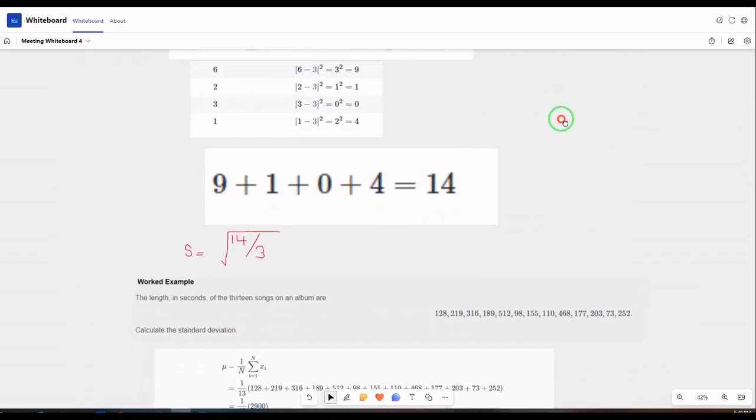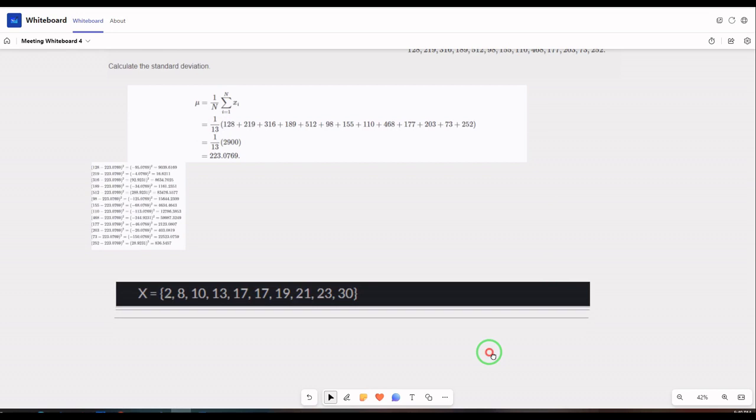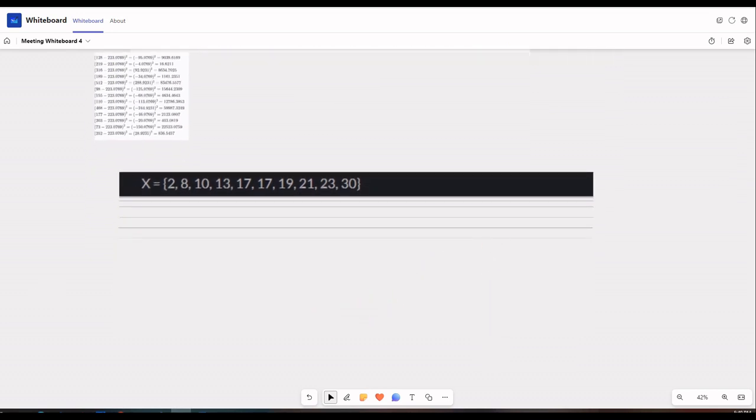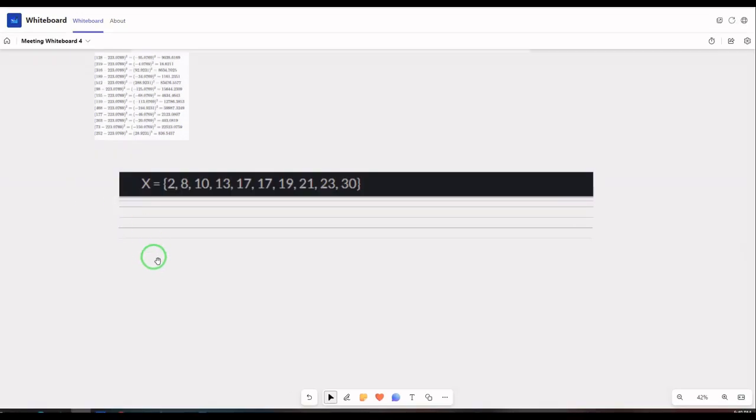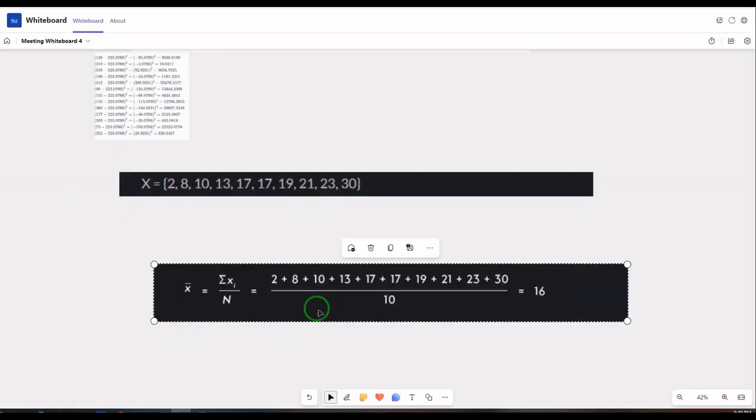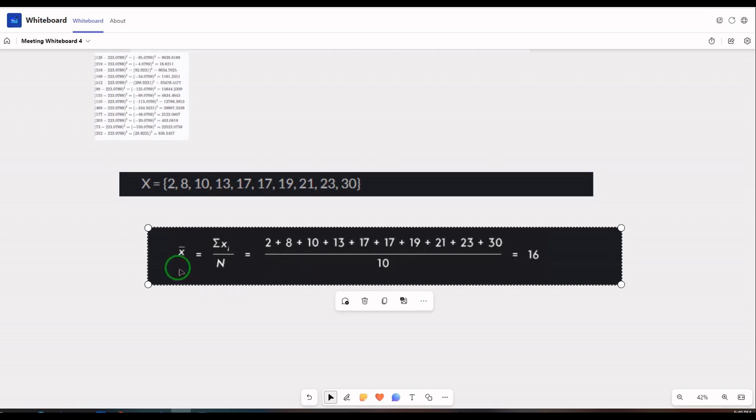Or because it's a very simple, small data set, you can follow the same steps that I just mentioned. So I will show you how I solved it. For this specific one, the first step was calculating the mean, right? So this is how I calculated the mean.